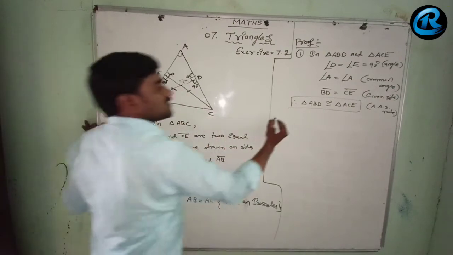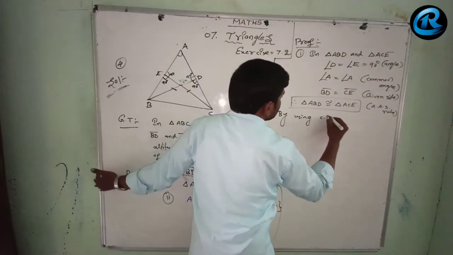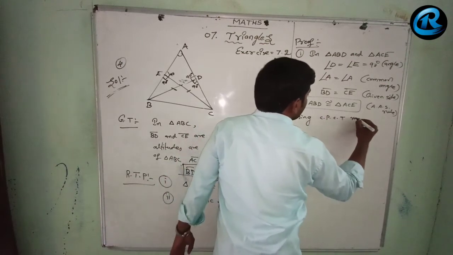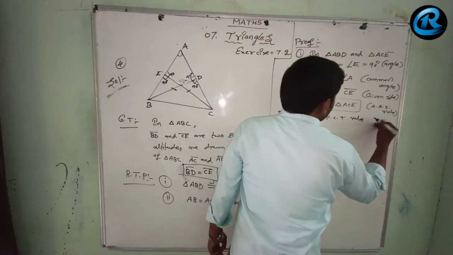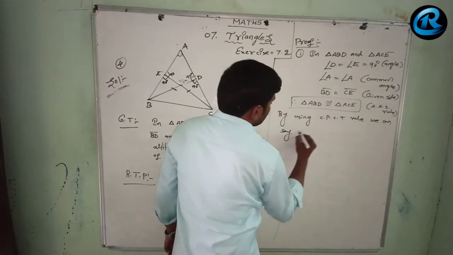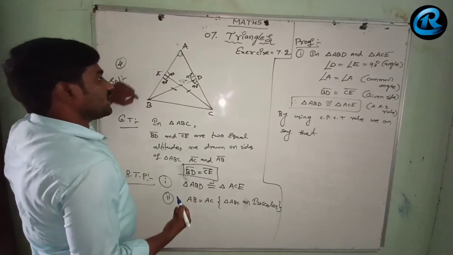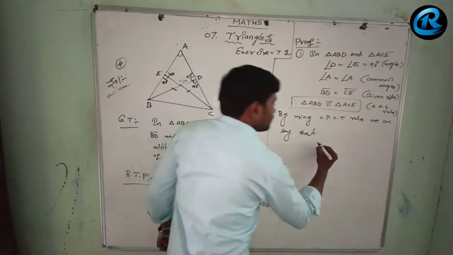By using the CPCT rule, we can say that here AB is equal to AC.